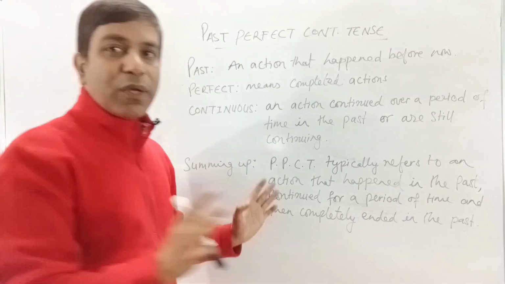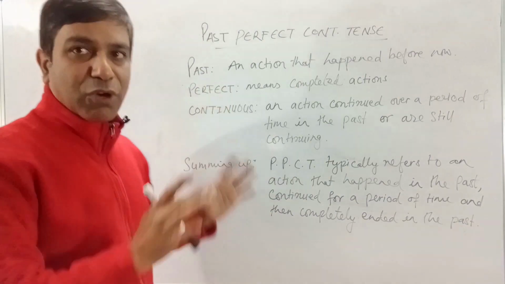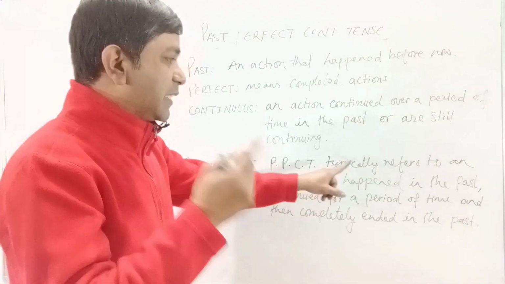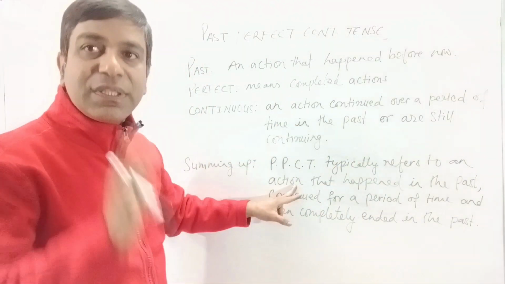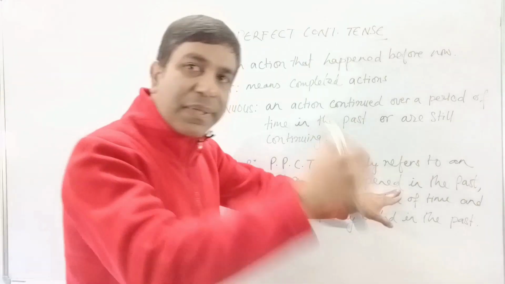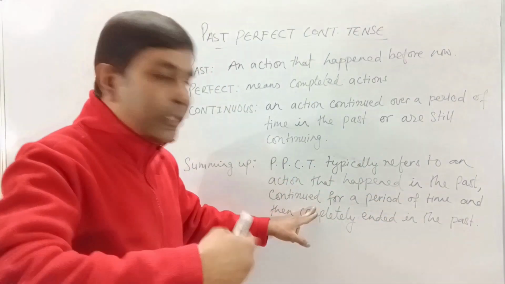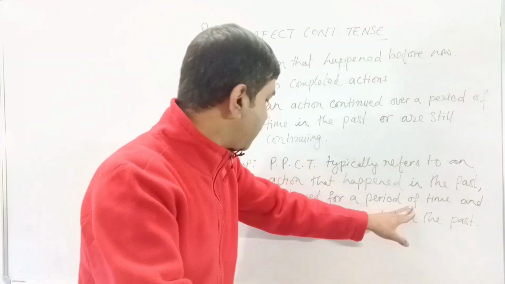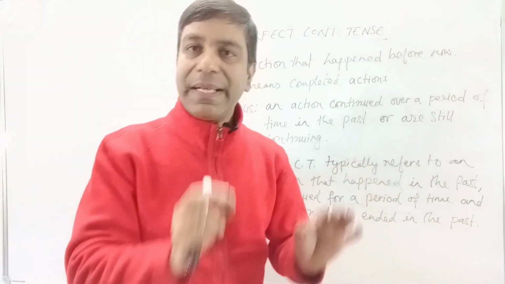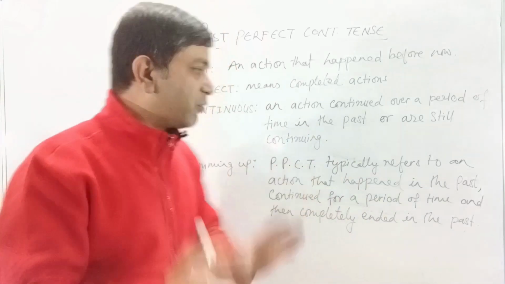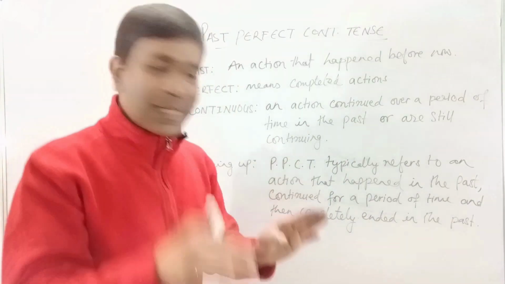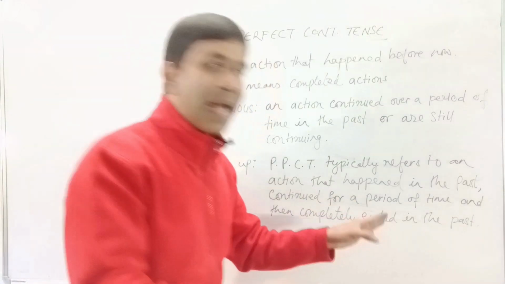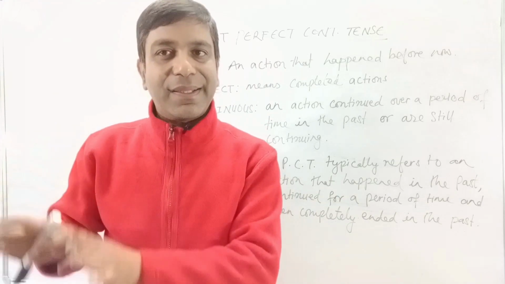So summing up, when you put together past perfect and continuous, what do we get? Past perfect continuous tense typically refers to an action that happened in the past, continued for a period of time, and then completely ended in the past.